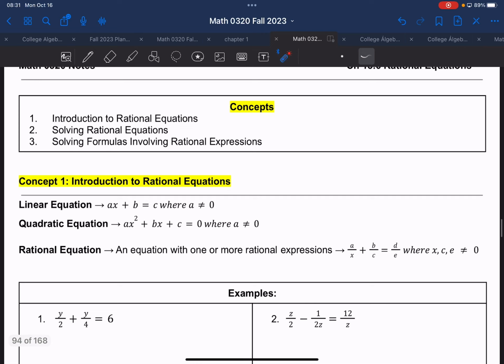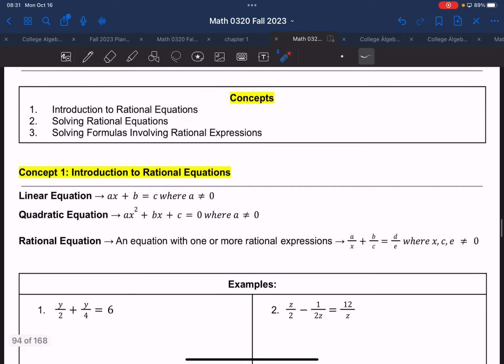The concepts we're going to look at are introducing rational equations, solving rational equations, and then solving formulas involving rational equations. This third concept is the same as solving literal equations.